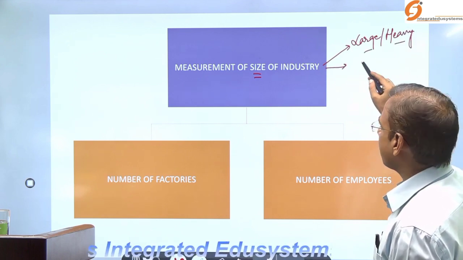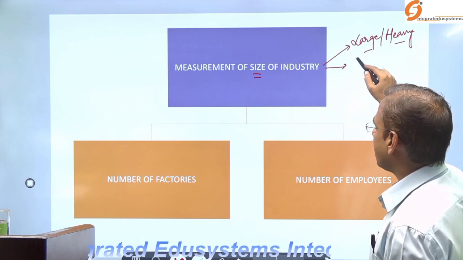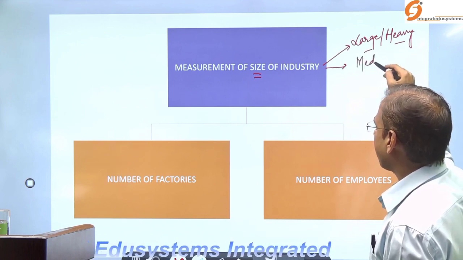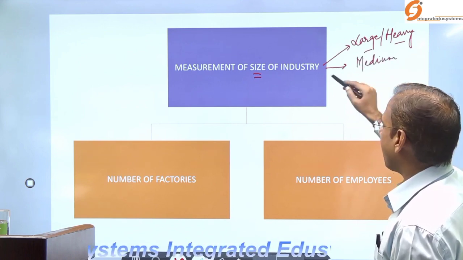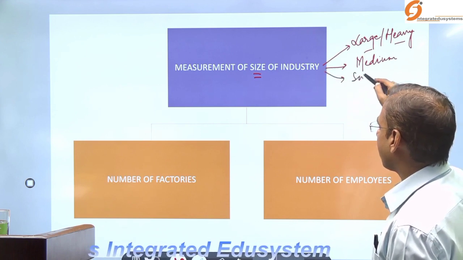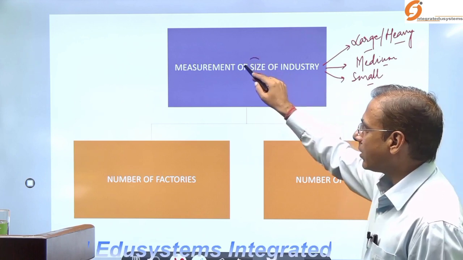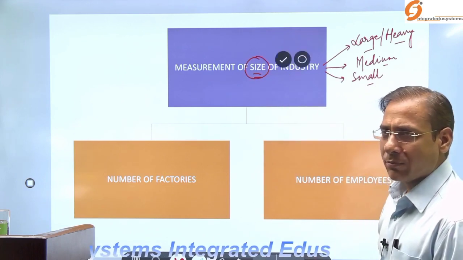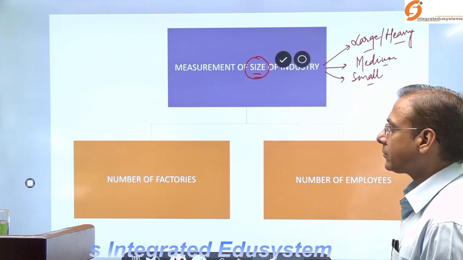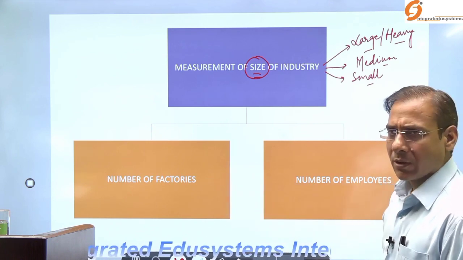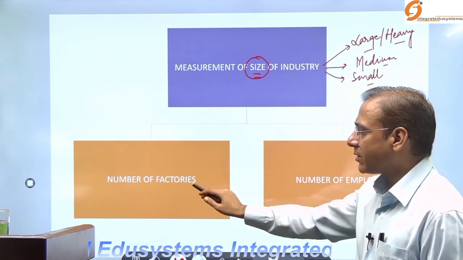Some industries we call the medium, small. So how do you classify, what are the criteria of measurement of the size? There are two. One is the number of factories.